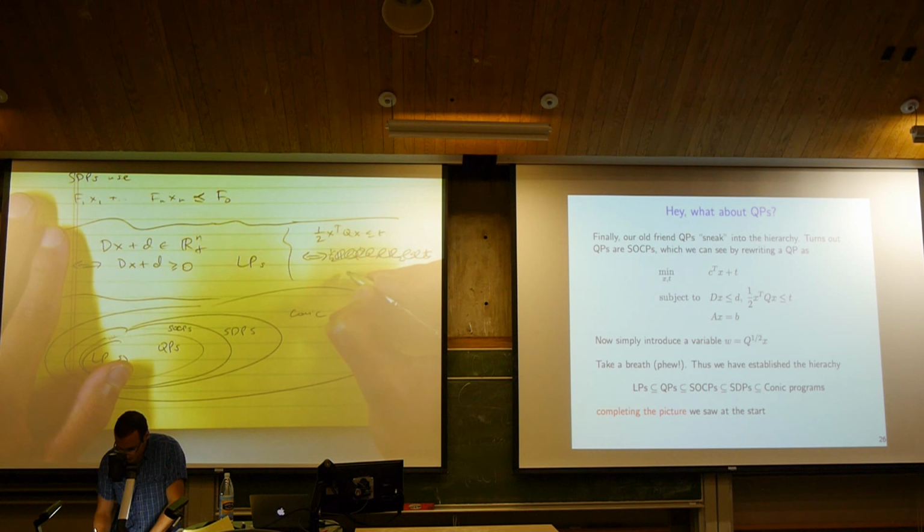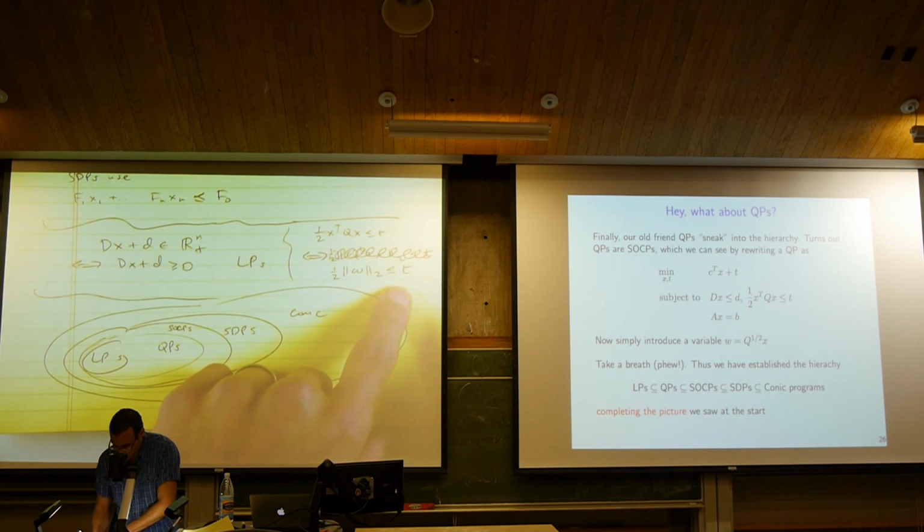I'm just going to write this as the L2 norm of w squared, with a half, less than or equal to t.